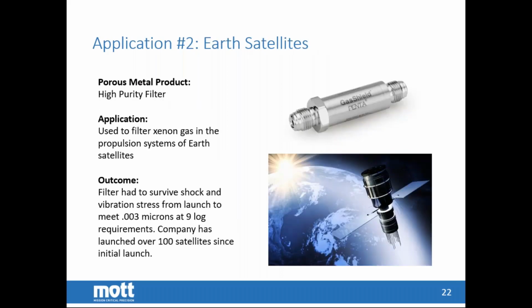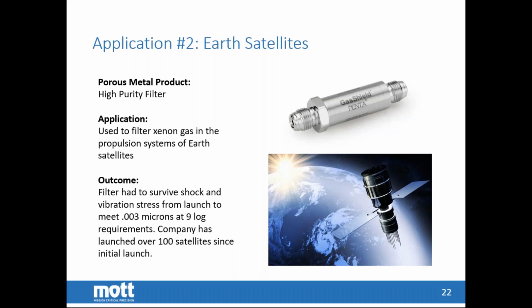And then Tim, I know you know a little bit about this Earth satellite application. Do you want to take us through it? Yeah, and this is related to the application that Al was just talking about, in the sense that the filter is used to filter the propulsion gas. It needs to be clean. If they get any particulate in it, it will mess up the jets that are controlling the satellites.